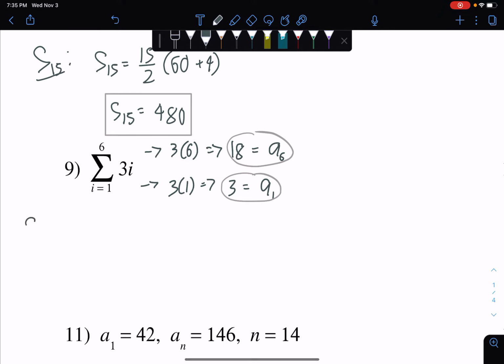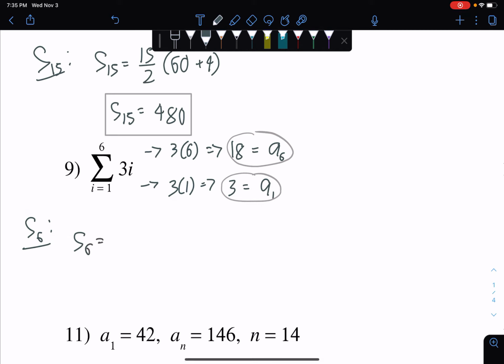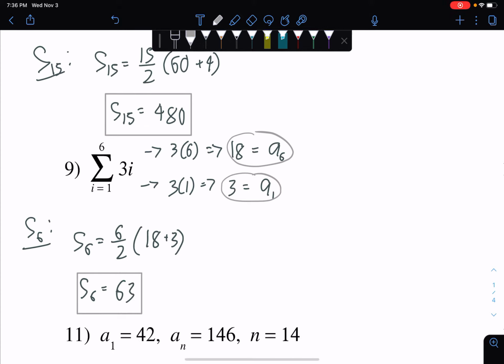Now, what we're trying to find is S sub 6. So S sub 6 is equal to 6 over 2 times the quantity 18 plus 3. S sub 6 then is equal to 63. There you go.